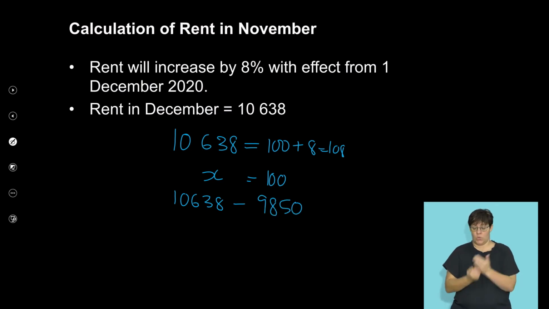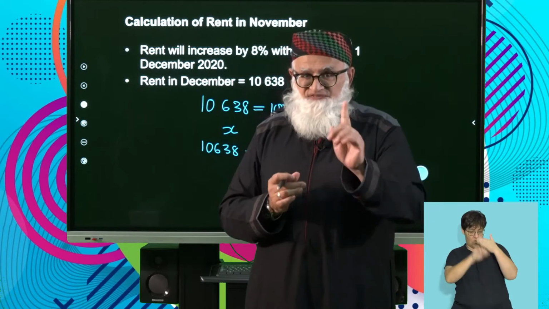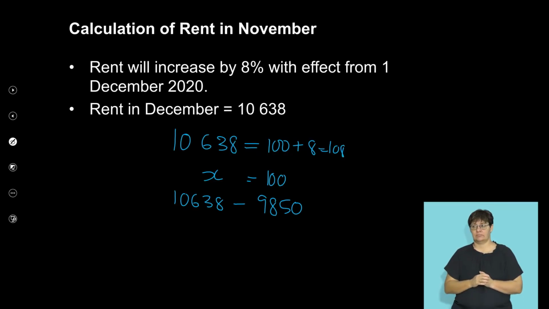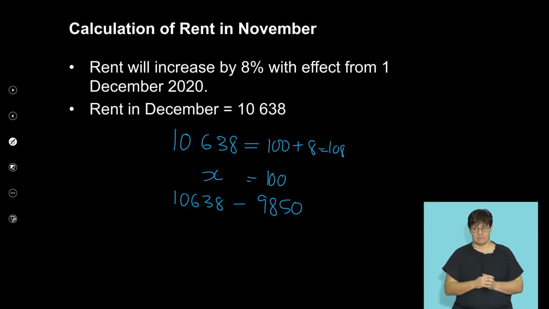So step number one, take the new rental, subtract the old rental. That's the first step. 10638 minus 9850. Let's do that again. 10638 minus 9850 will give you a figure of 788.